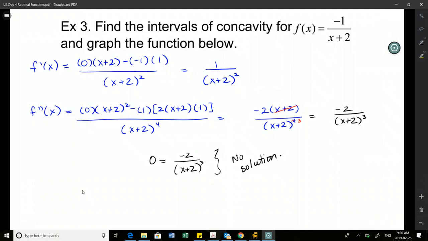So one kind of important thing here is that we actually include any vertical asymptotes in our chart for our second derivative. Now, our example before didn't have any vertical asymptotes, which is why we didn't have to worry about that. But this one in particular is interesting because it has no point of inflection, but there may still be an area where we change concavity, and that could be on either side of the vertical asymptote.